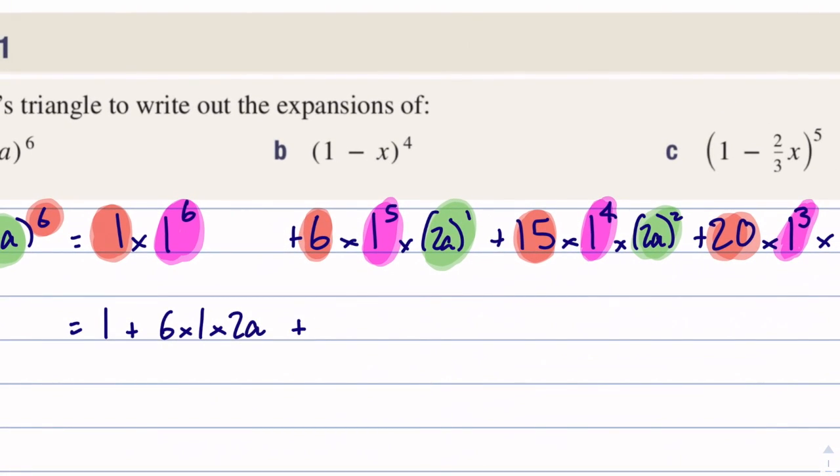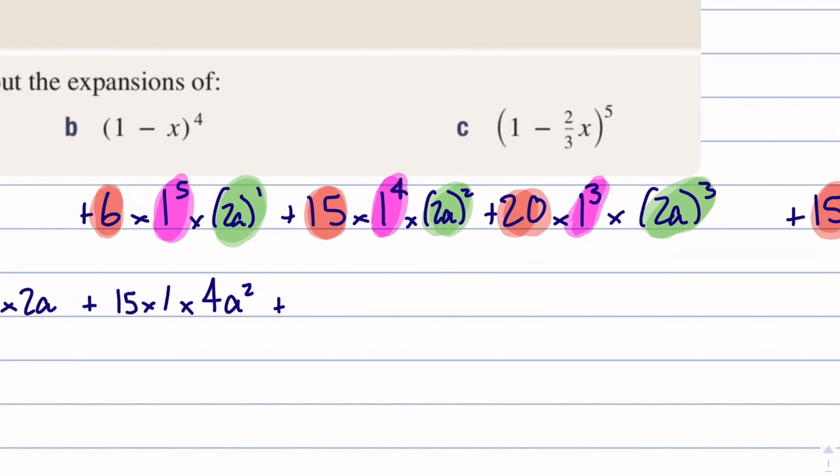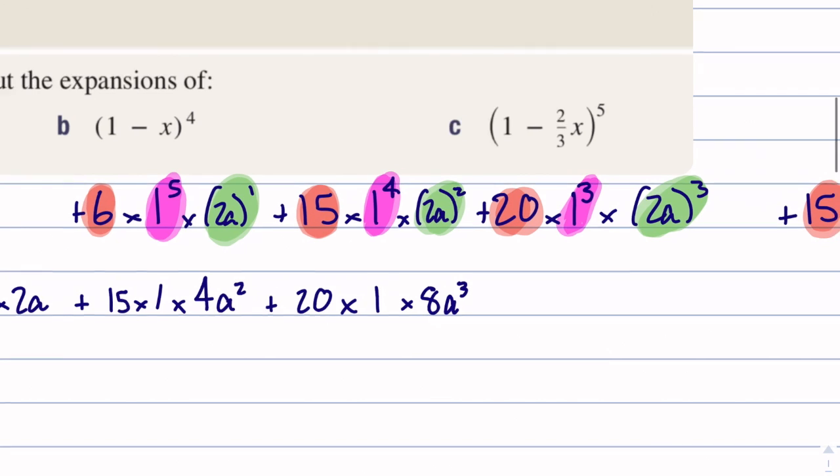Then 15 times 1 times 2a squared gives me 15 times 1 times 4a squared, because you square each of them. My next term, I've got 20 times 1 to the 3, times 2a cubed, which is 8a cubed, because 2 to the 3 is 8.